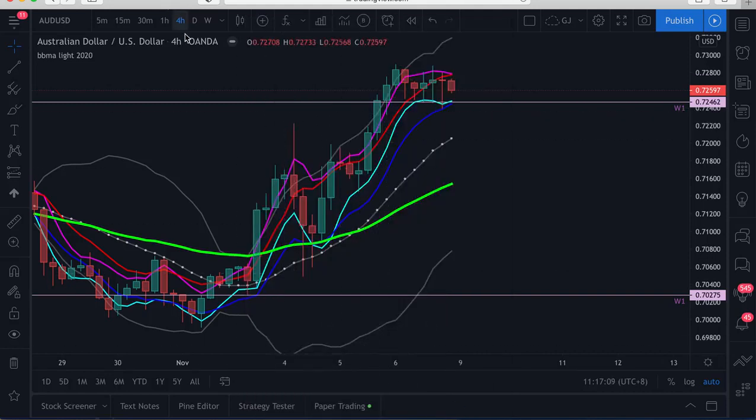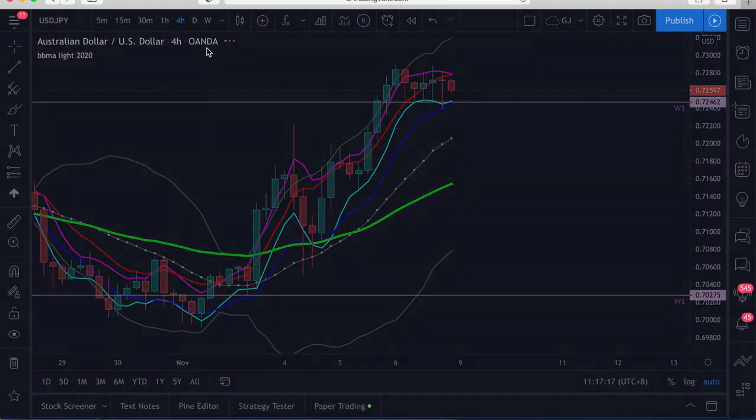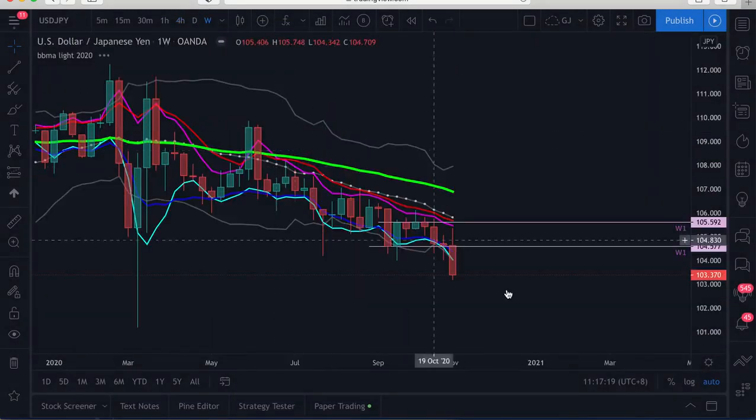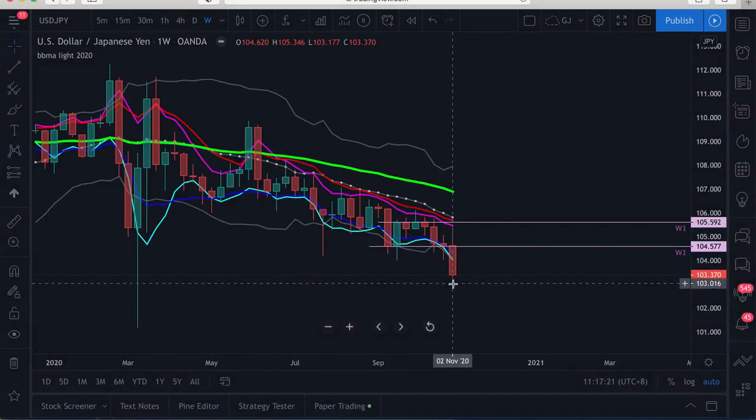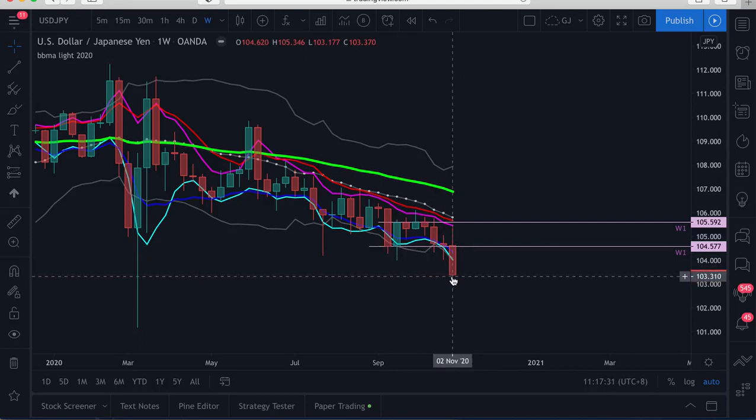Okay, next pair is USD JPY. USD JPY on weekly time frame, price closed strong bearish outside the Bollinger Band. This is a CSM sell, so for our BBMA setup SOP, we take this as a re-entry buy because it is a normal thing that if price closes outside the Bollinger Band, it will come back and retest.